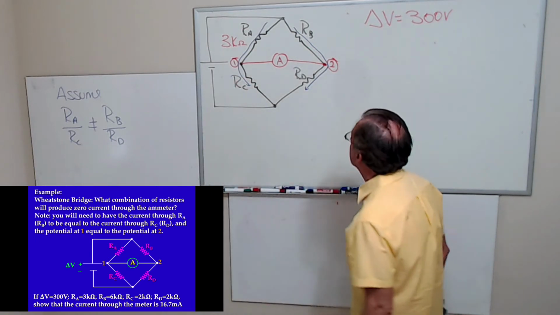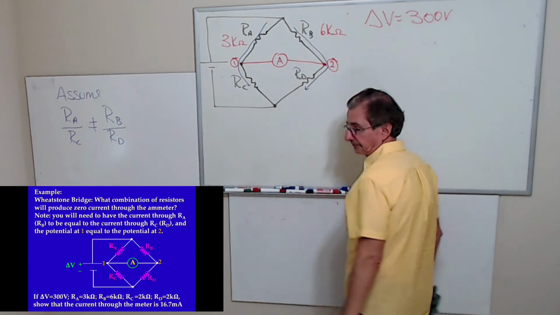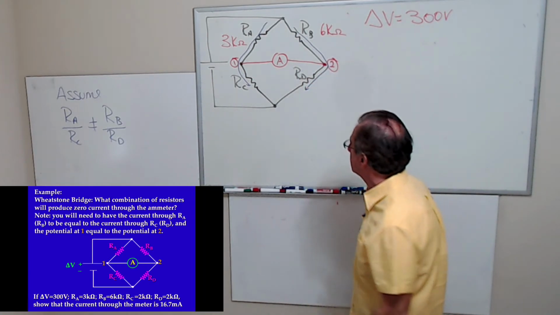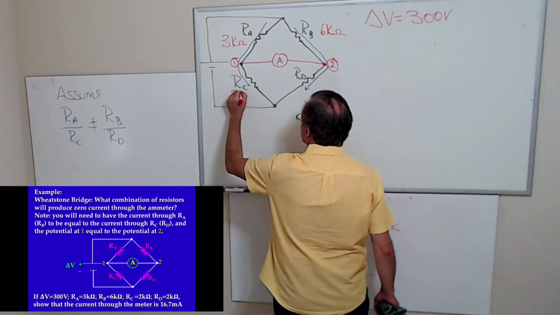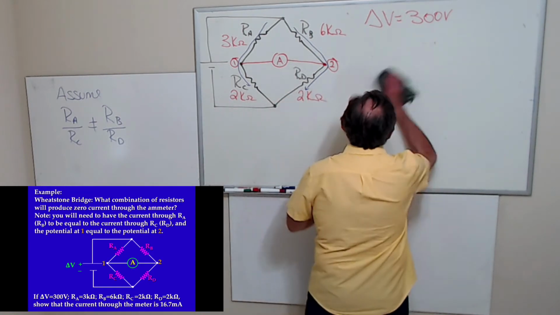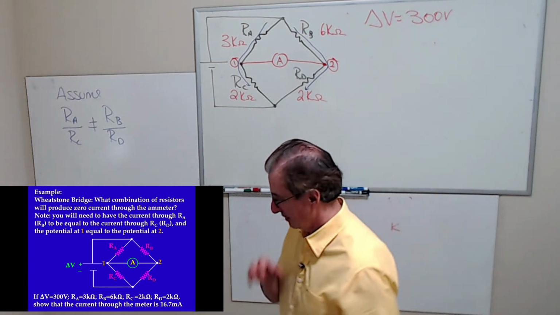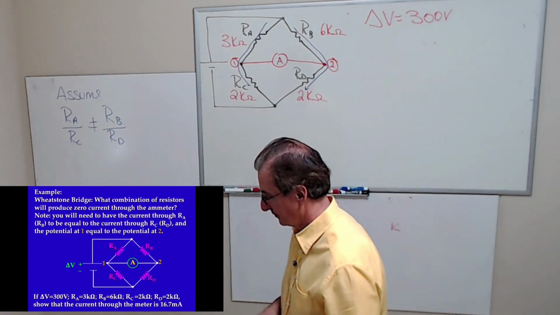We'll let R sub B be 6 kilo ohms, and C and D will be 2 kilo ohms. I want to know how much current actually goes through here.